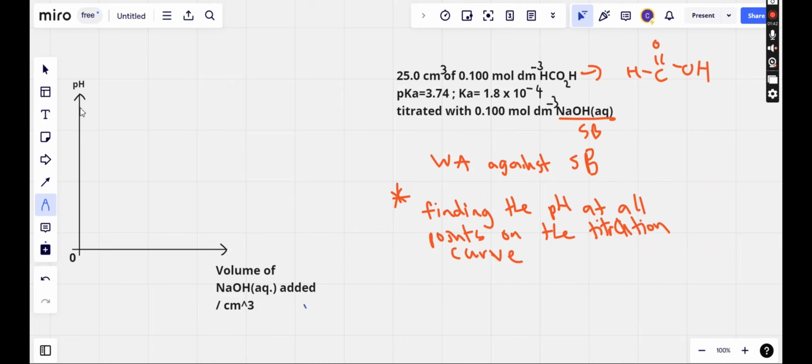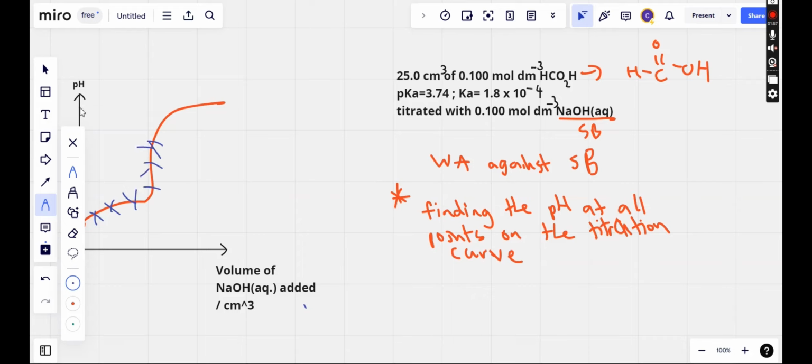I will draw the curve here later, but let's just draw a random curve like something like that. So what you're trying to do for every acid base question is to be able to find the pH at all points here and the corresponding volume used. So essentially that is what you're trying to do.